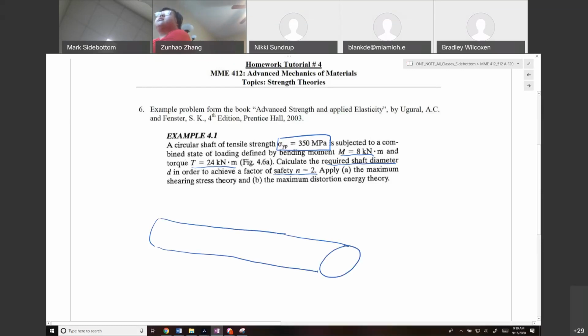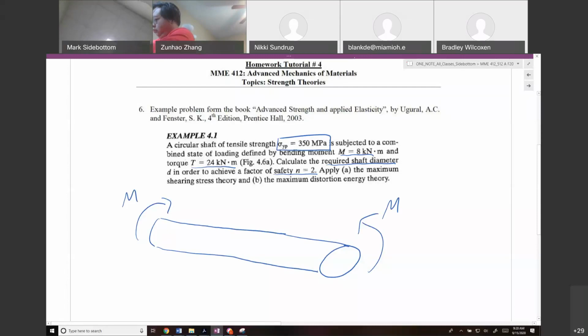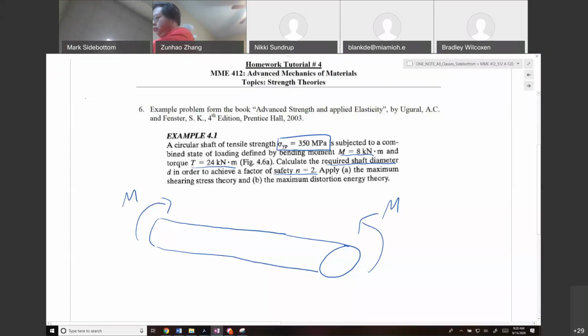We have a shaft that has a bending moment being applied to it, and we have a torque that's being applied to it. Let me go the other way.